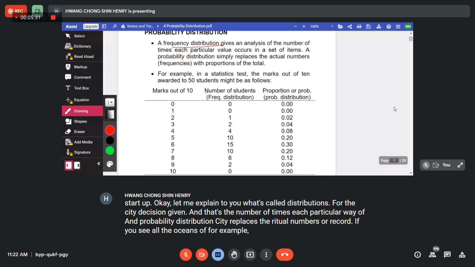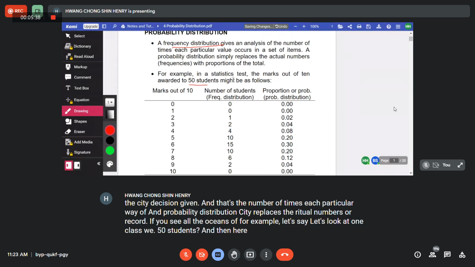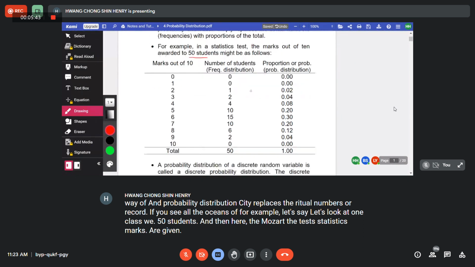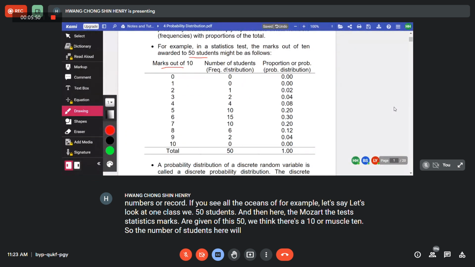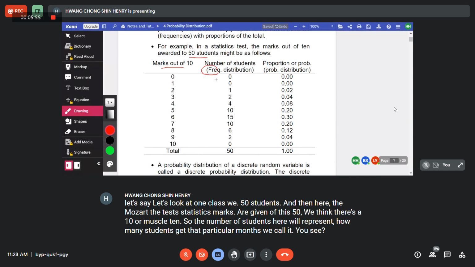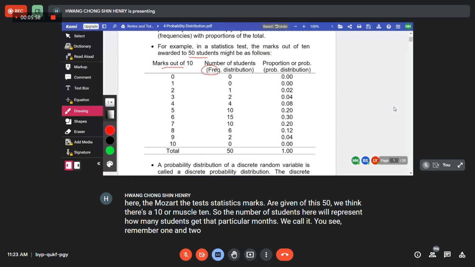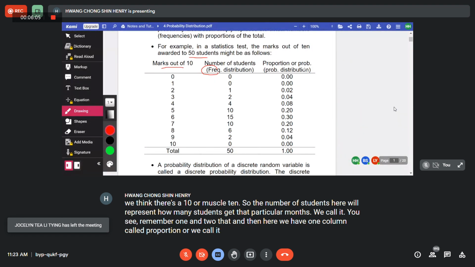For example, let's look at one class with 50 students, and the test marks are given out of 10. The number of students represents how many students get that particular mark. We call it frequency. Remember chapters 1 and 2 talk about frequency. It's the number, okay? And then here we have one column called proportion, or probability distribution.